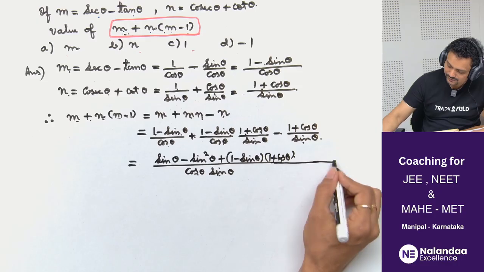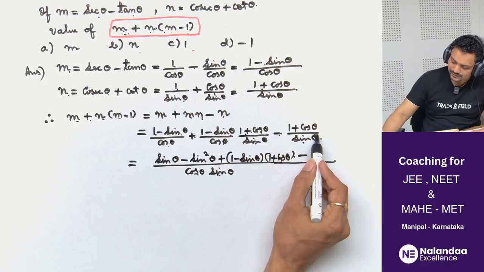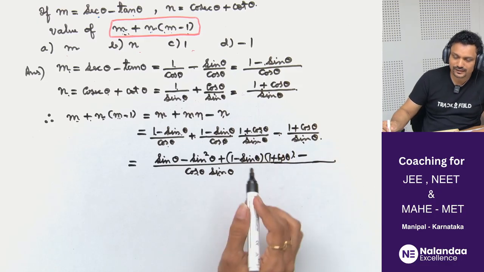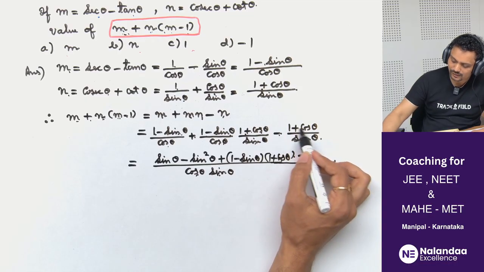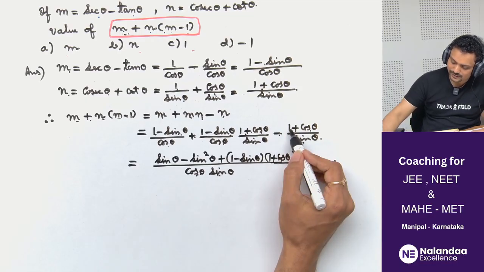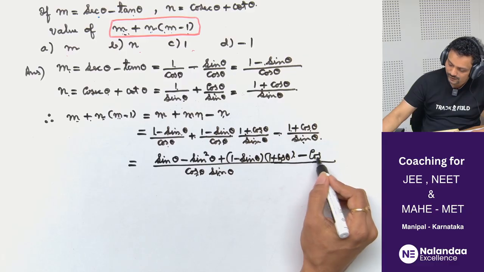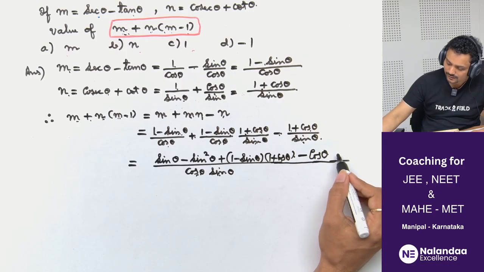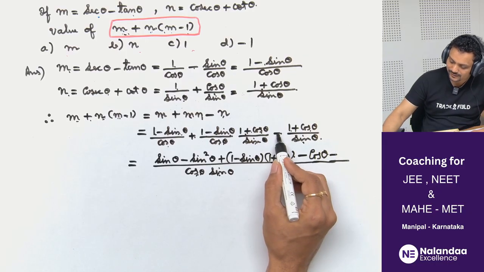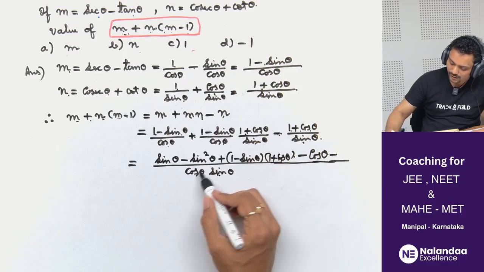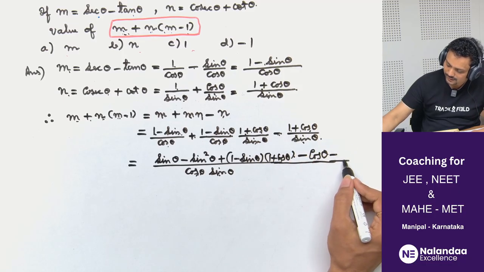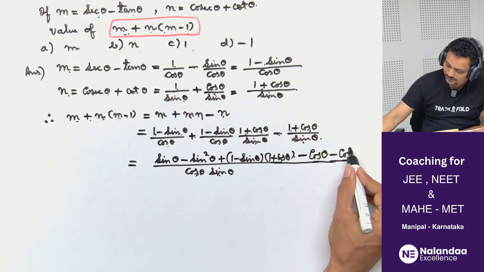Then minus, here sin theta and sin theta will cancel, so cos theta will multiply with this. Cos theta into 1 will give me cos theta, then minus cos theta into cos theta, it will become cos square theta.